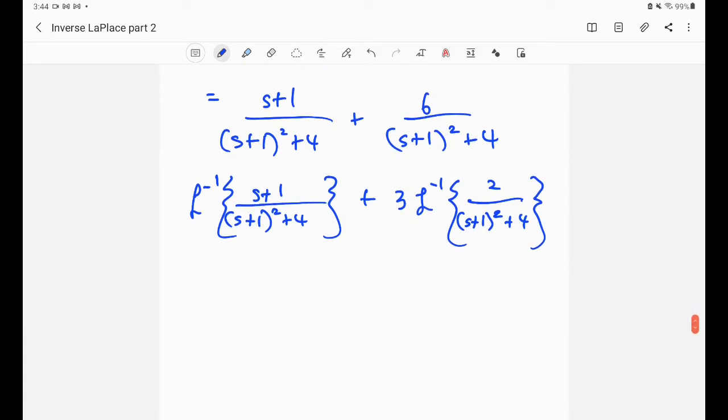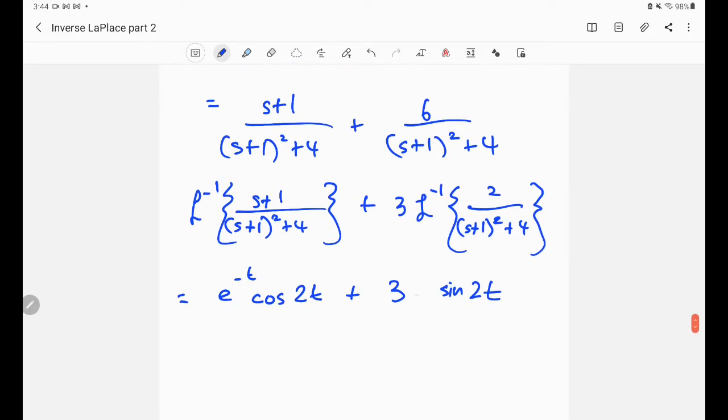So from here you can directly use the same sine, cos and sine. This is a cos 2t with the first shift theorem of e to the minus t, and this is a 3 sine 2t with the first shift of e to the minus t.